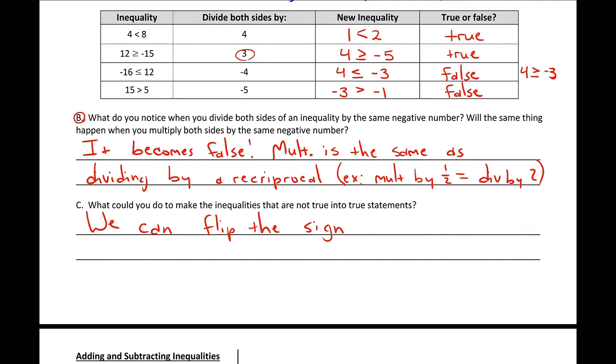And negative 3 is greater than negative 1. Well, we can change it to negative 3 is less than negative 1. And so if we flip the sign, now the inequality is a true statement. And we are going to flip the sign when we multiply or divide by a negative.